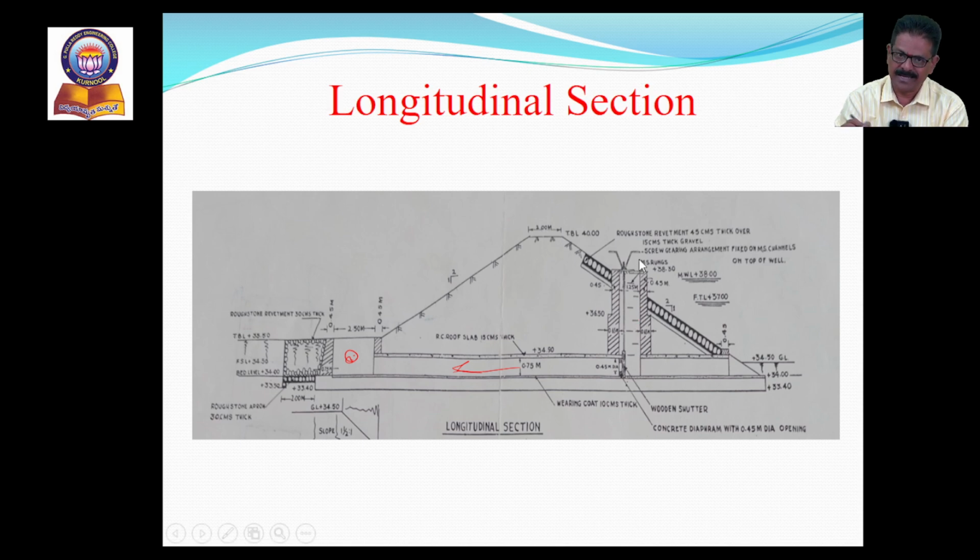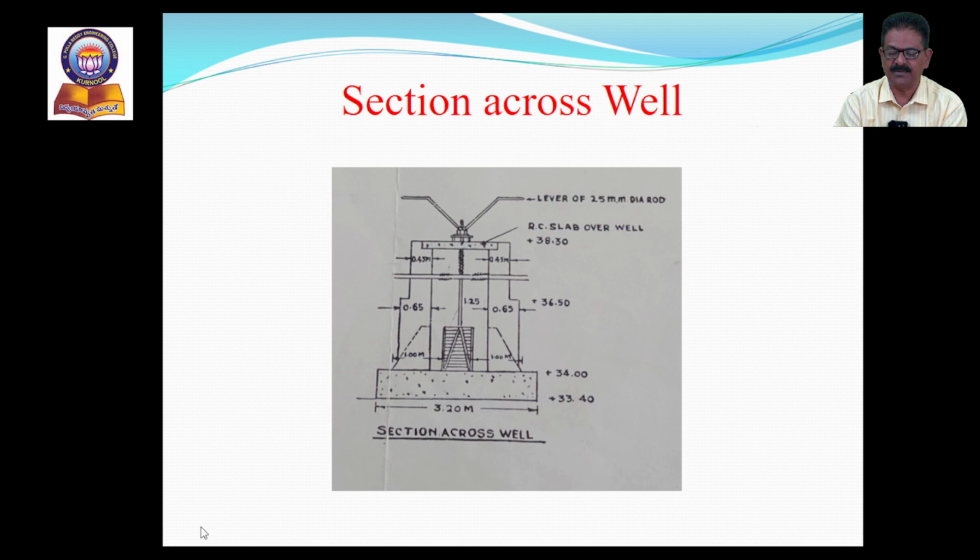The tower head again consists of shutters, and shutter operation should be done from the top of the well. These are all the operating details, but as far as the design and drawing are concerned, we should observe the plan as well as the longitudinal section. And next, this is the section across the well.